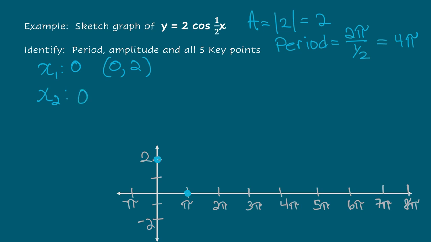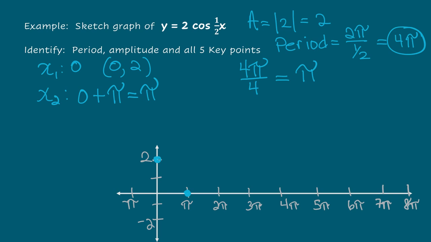So it's going to be 0 plus a quarter of a period. So if our period is 4 pi, that means we're going to have 4 pi divided by 4, which equals pi. So that means we're adding pi each time we make a move in order to get to the next part of our wave. So we're going to pi, which is exactly where we landed.